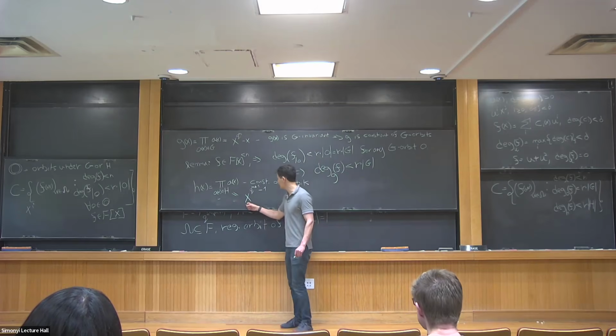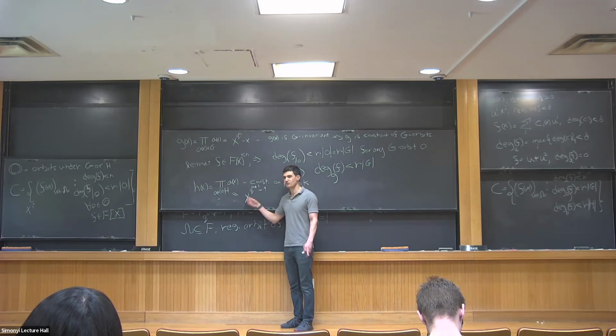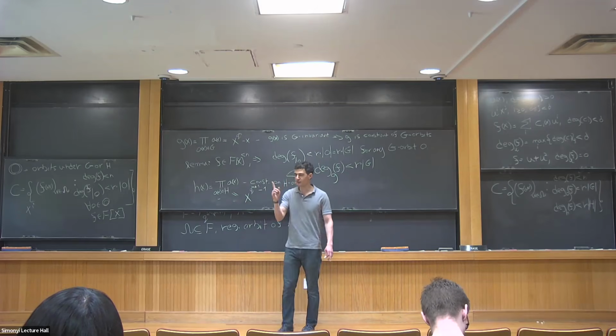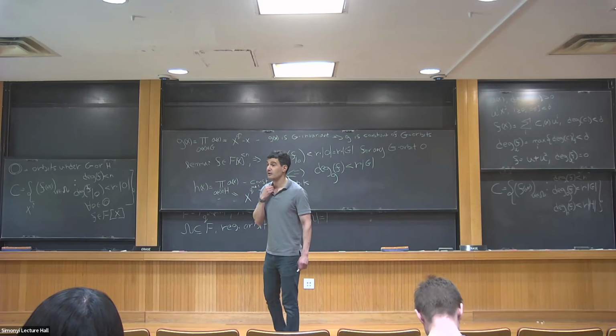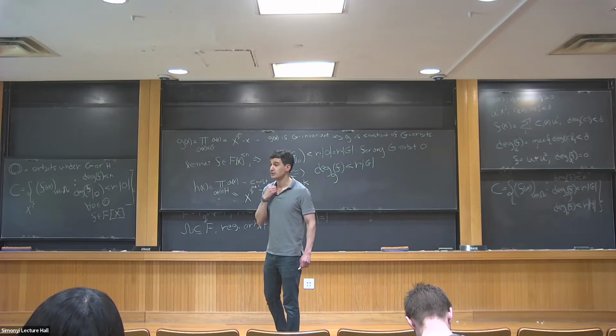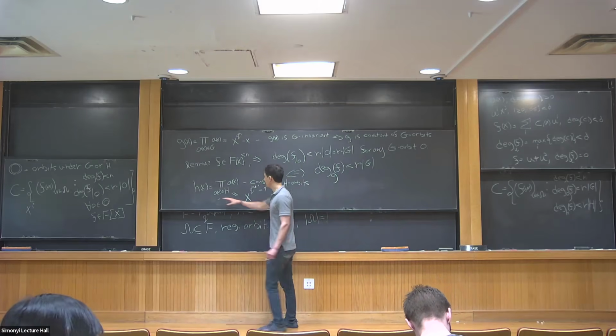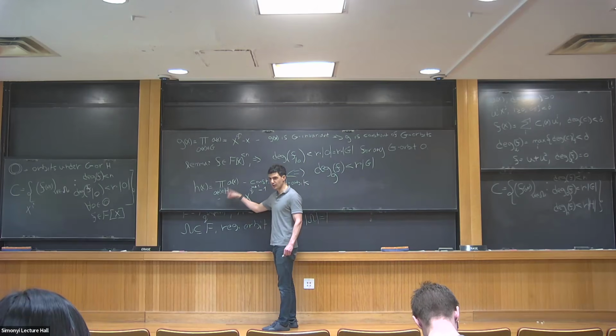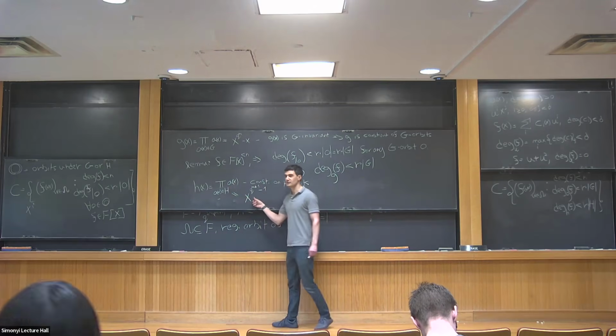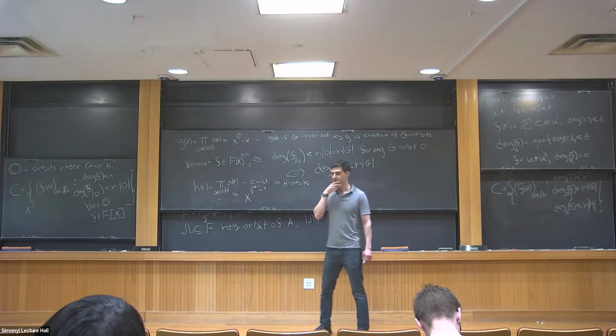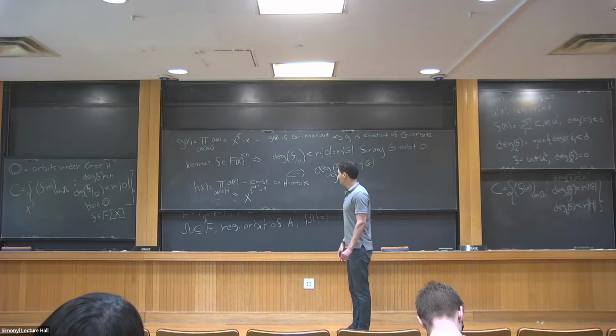It's just supposed to be a polynomial that's constant on H orbits. But this is what comes out: if you take this product, you get just a monomial. Okay.